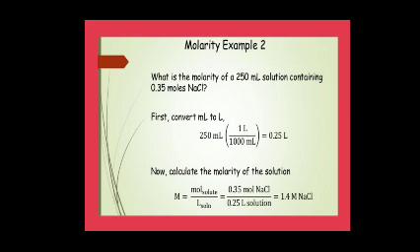Molarity is equal to number of moles of solute by volume of solution in liters. Given problem, sodium chloride number of moles is 0.35 moles, volume in liters 0.25 liters. Therefore, 0.35 moles of NaCl by 0.25 liters of solution, that is equal to 1.4 M, the molarity of solution.